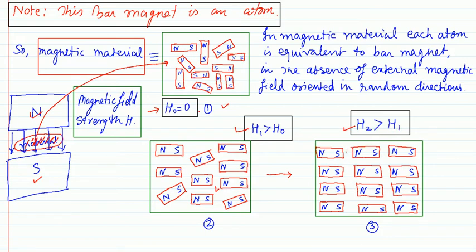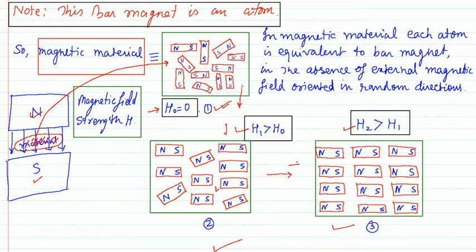Now what we have observed is that almost all the bar magnets, which represent the magnetic dipoles, are oriented in a particular direction, along the magnetic field. So all the bar magnets align in a particular direction.